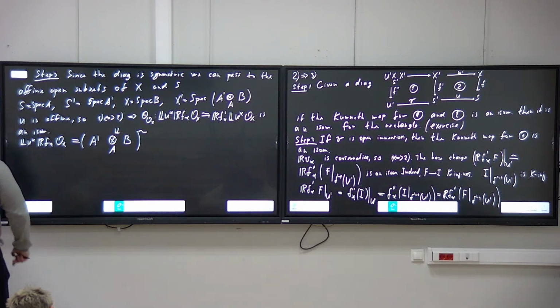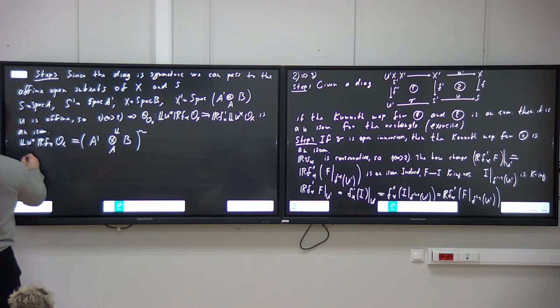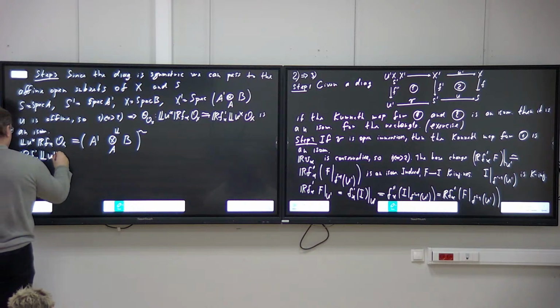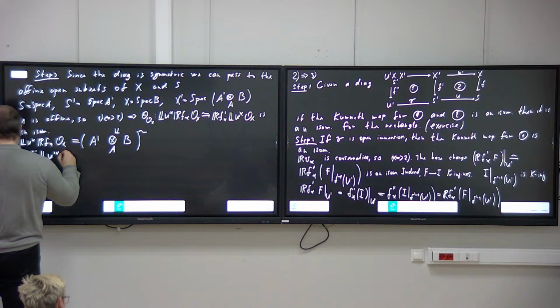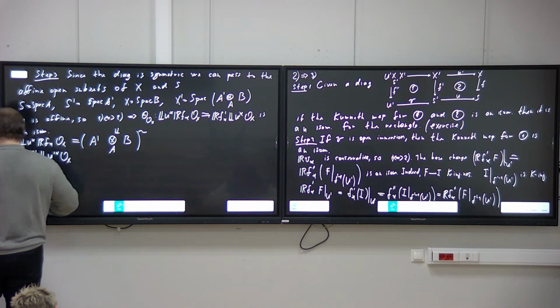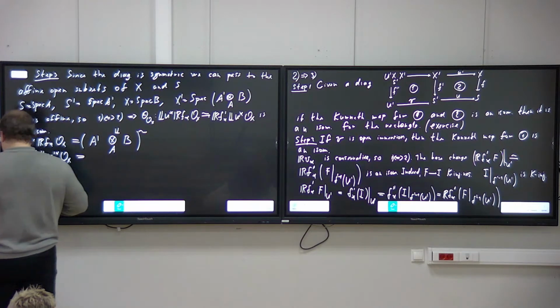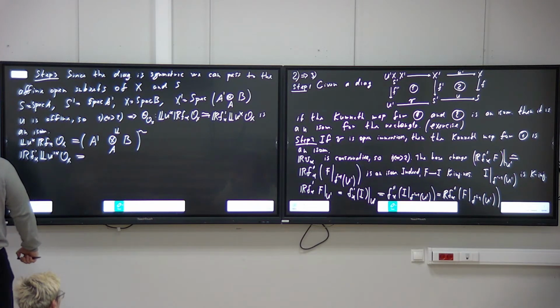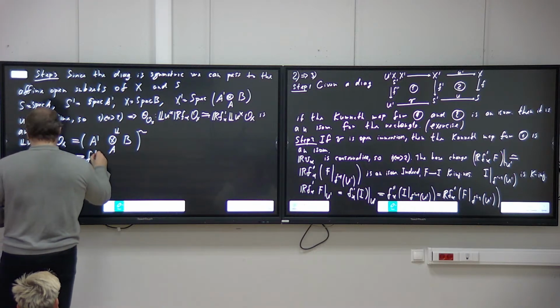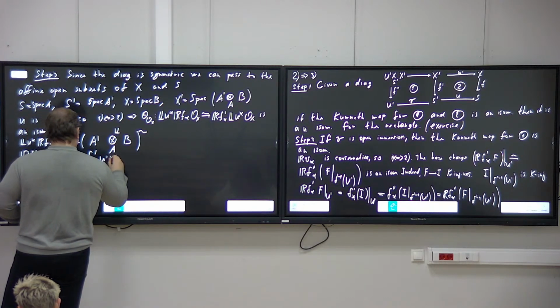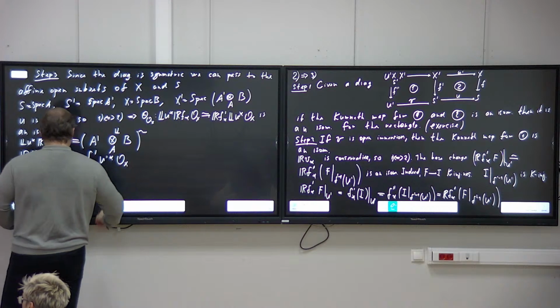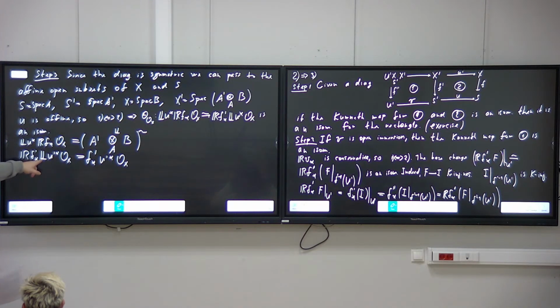So that's the left-hand side, and now for the right-hand side. The pushforward by f prime composed with the pullback u prime, applied to O_X. Well, first observation: I can drop the derived functors R and L. So I can write this as f prime lower star, u prime upper star applied to O_X. Why can I do this for the L, for example?